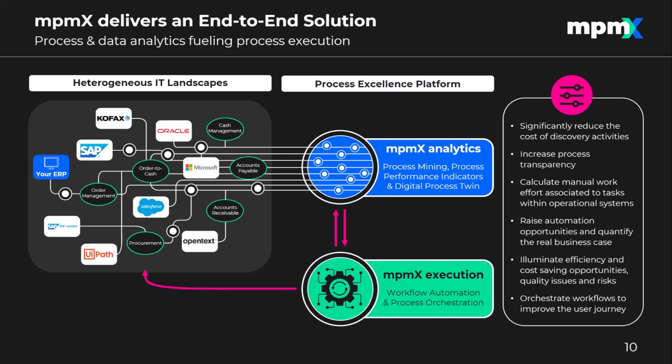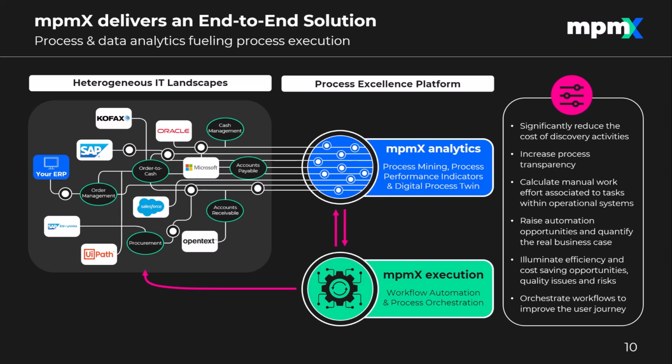And all of them are handled in one or many IT systems. And what we do with mpmX is that we can orchestrate all of those processes end to end in our mpmX analytics part. And with this digital process twin, we can see where there are inefficiencies in the processes.